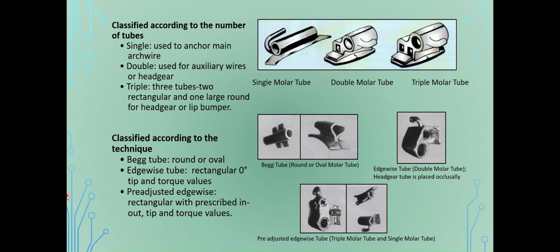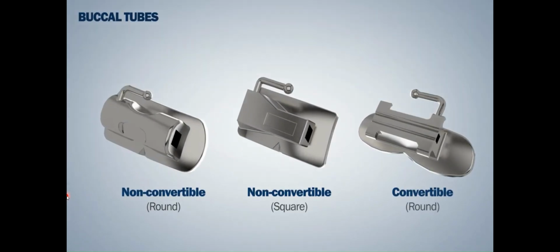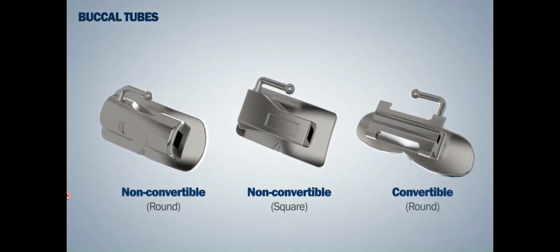Classified according to the technique: Begg tube is round or oval. Edgewise tube can be rectangular with 0 degree tip and torque values. Pre-adjusted edgewise is rectangular with prescribed in-out, tip and torque values. Here we see different types of buccal tubes along with their parts and placement.